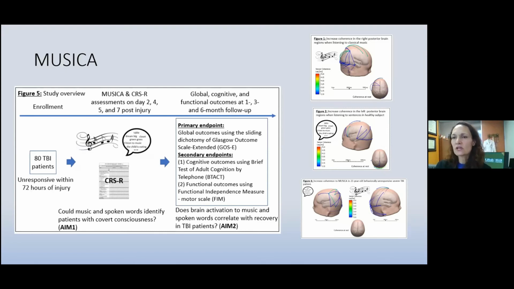And so we're looking for organized response to music or to language. And we can see that in the healthy controls, and we are comparing that in the patients who are comatose.